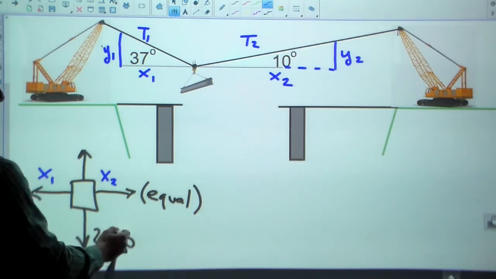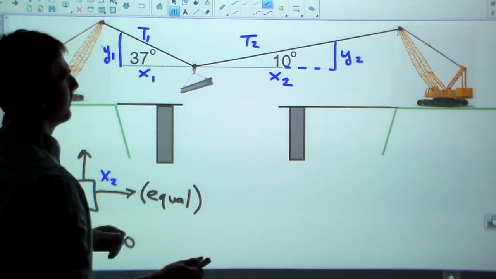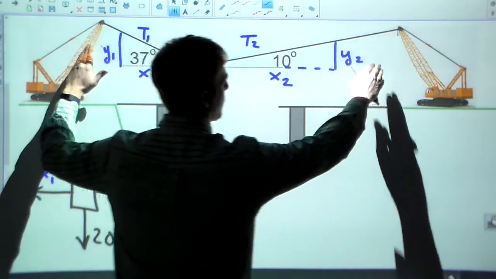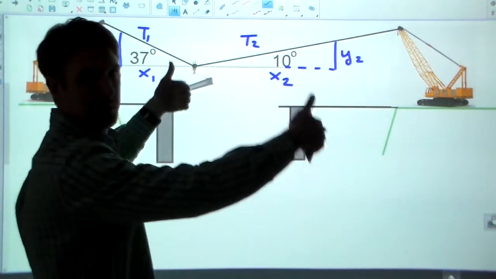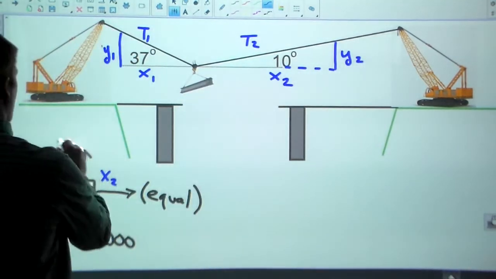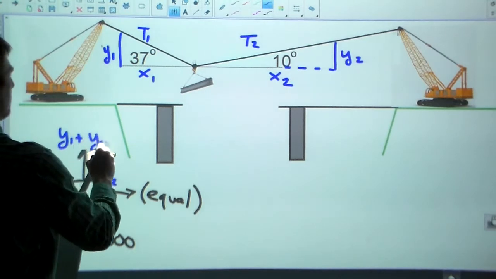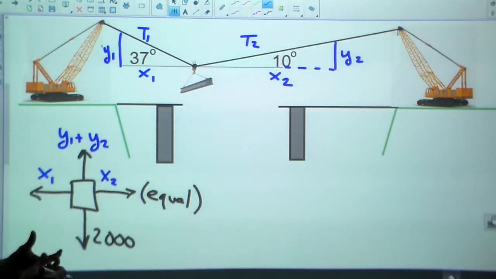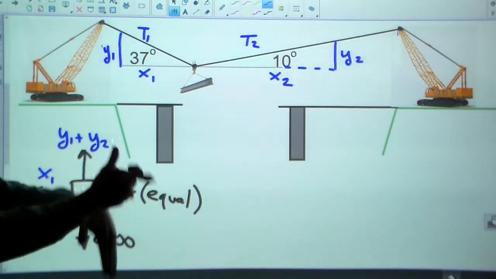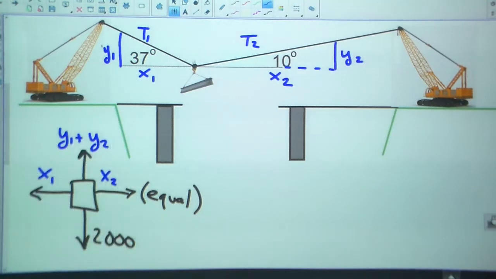Now 2,000 pounds, think about what's doing the lifting. Both cranes are sharing the load when it comes to lifting this thing up. So y1 plus y2 together has to be your 2,000 pounds pulling down to equal it out.